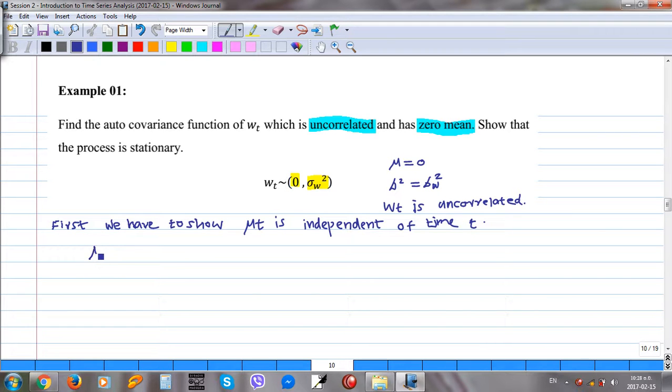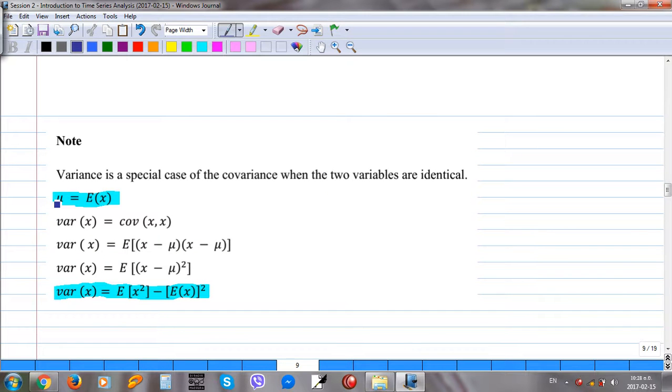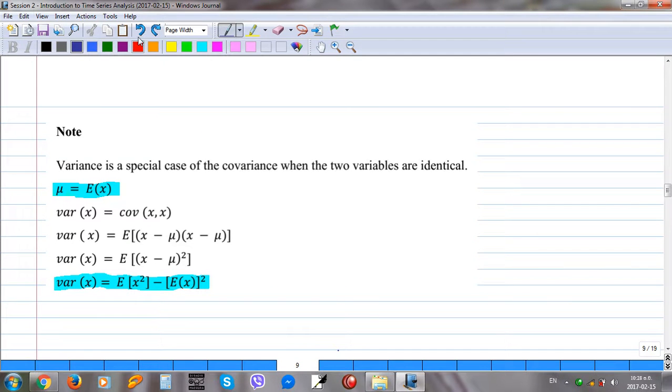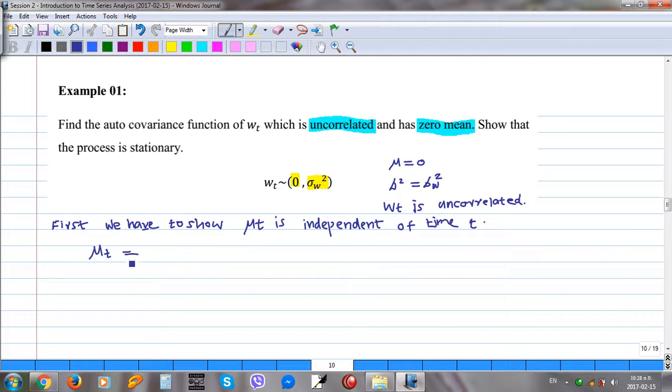So mu t, how can we find mu t? By using expectation. Mu t means expectation of w t, right. Then mu t equals expectation of w t, that is given 0 mean, that w t has 0 mean, it means mu t is 0.